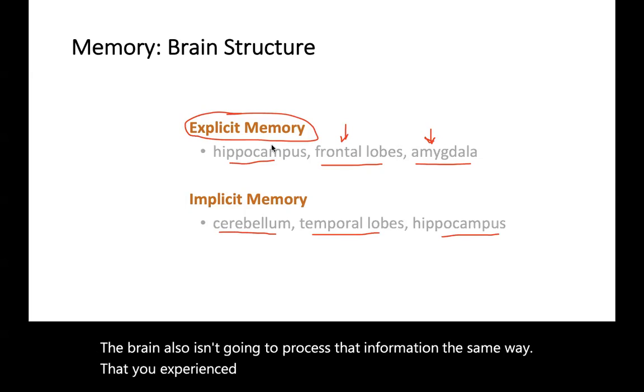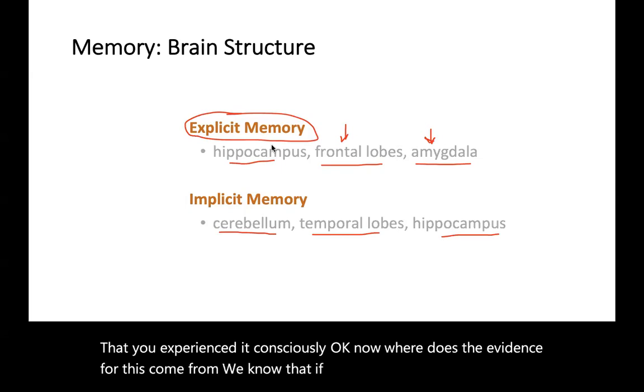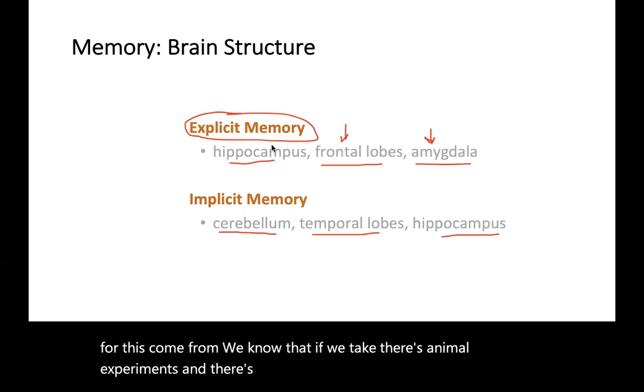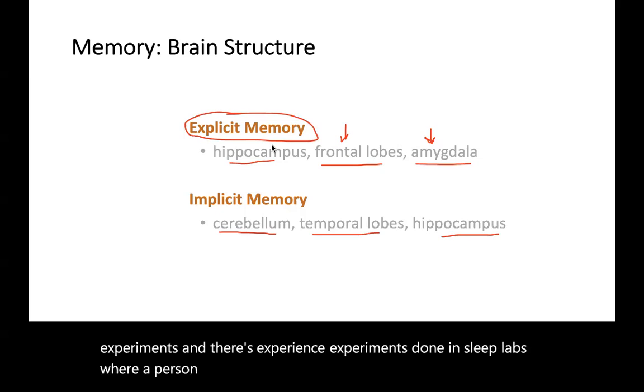Now, where does the evidence for this come from? There are animal experiments, and there are experiments done in sleep labs where a person will report a dream over and over, and then they'll record what they did during the day.